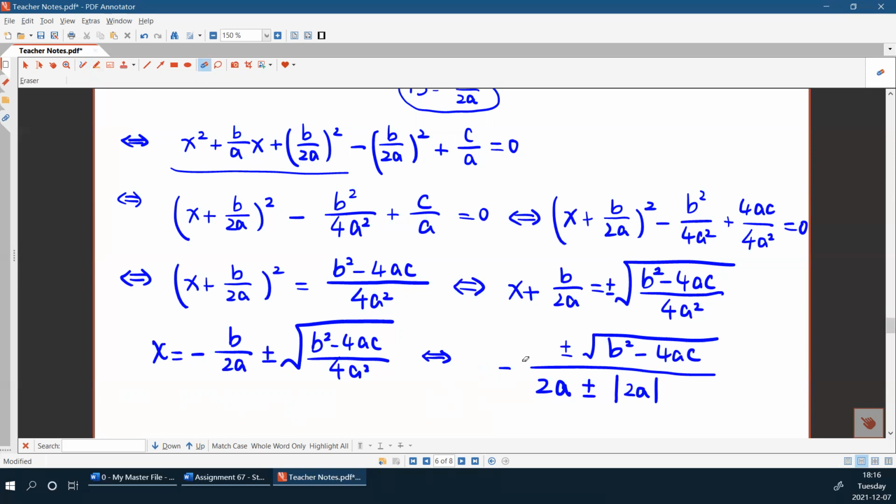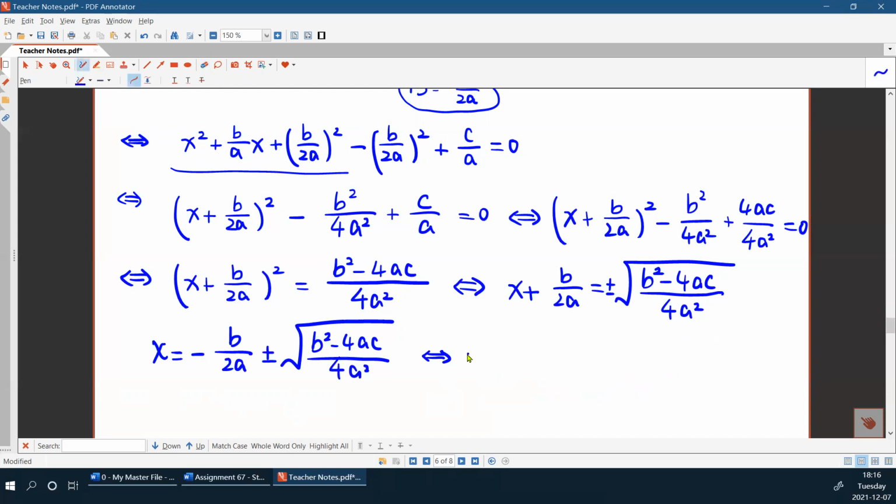Okay. Let's rewrite this in another way. Positive or negative, the numerator is the square root of b squared minus 4ac, and here we have 2a, right?